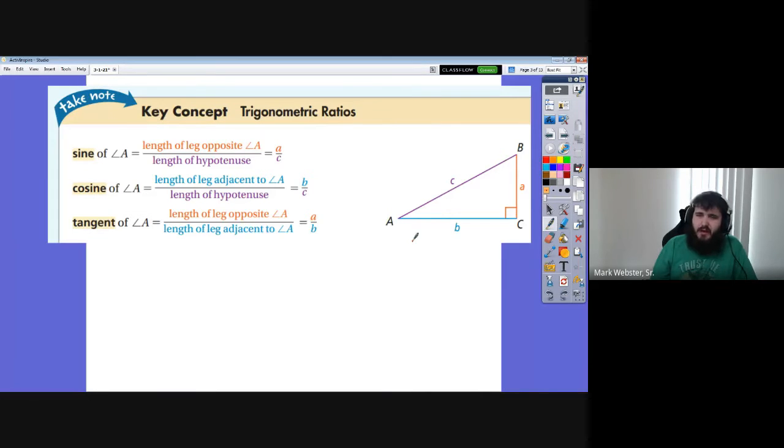That is to say, I'm going to expect that you have these memorized. What does that mean? When you hear the word sine, you think opposite over hypotenuse. When you hear the word cosine, you think adjacent over hypotenuse. When you think of tangent, you think of opposite over adjacent.